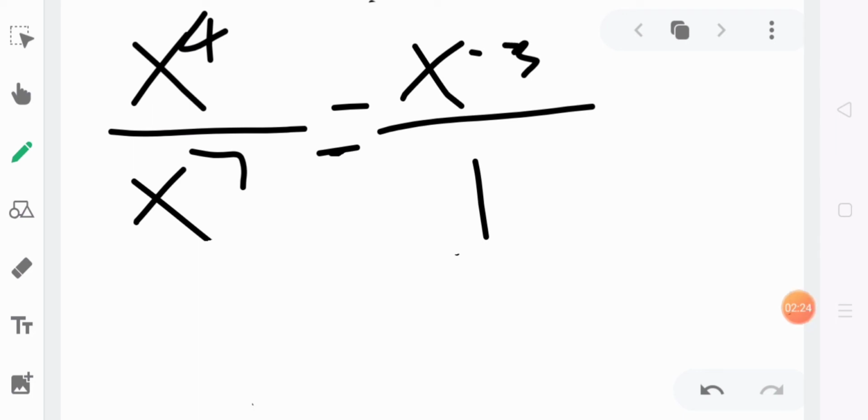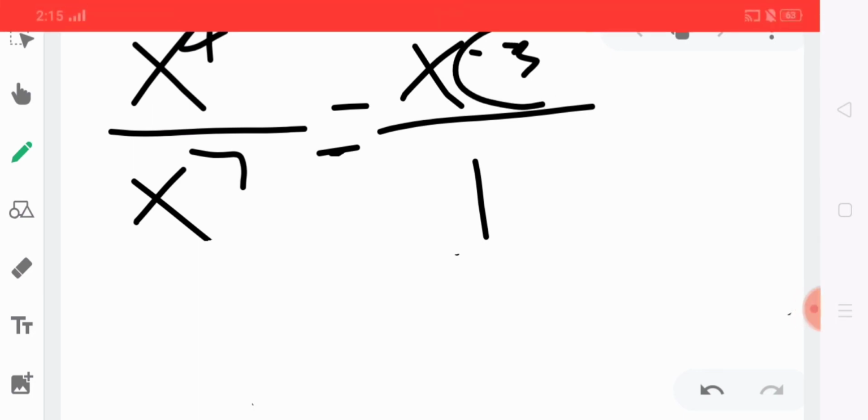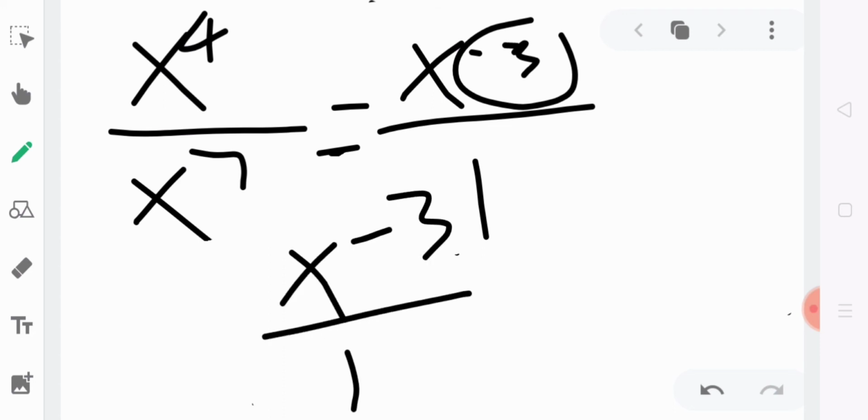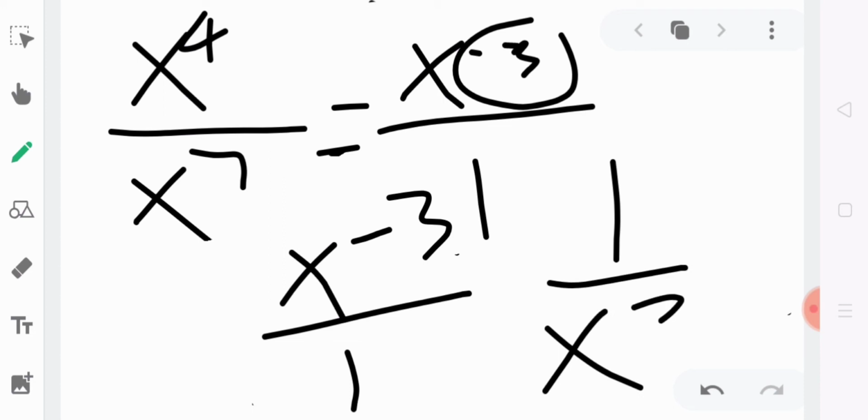Whenever you have a negative exponent, when you move it to the bottom, the negative exponent becomes positive. So x^(-3) over 1 is the same as 1 over x^3. And typically, in algebra, the final answer will contain positive and not negative exponents.